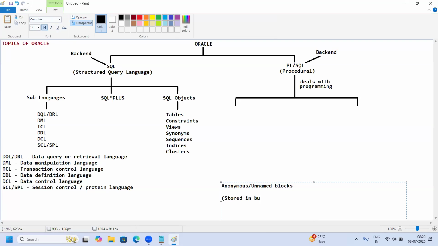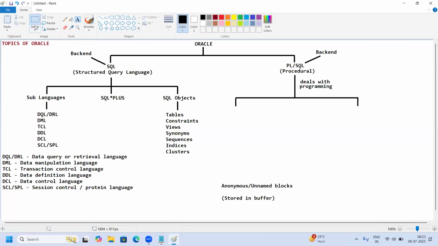They are stored in buffer, so they are called anonymous blocks. They are not stored in database. Anonymous or unnamed blocks are stored in buffer.